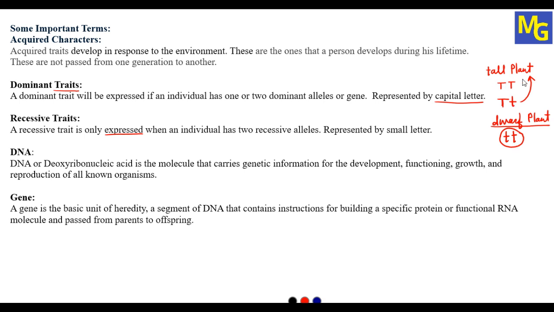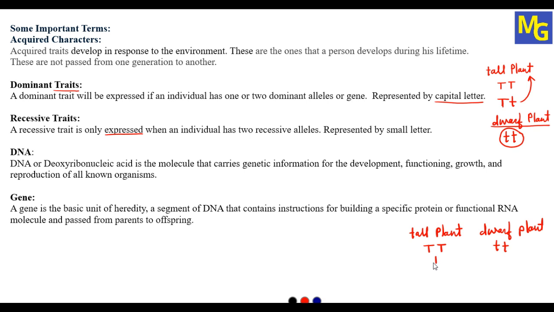For example, if I want to explain, imagine here we have one tall plant and one dwarf plant. We are going to study this in detail afterwards, but still I am explaining it in this topic. Imagine both are pure plants. So tall I will denote by capital T, capital T. Dwarf I will denote by small t, small t. When I cross both the plants, what will happen?